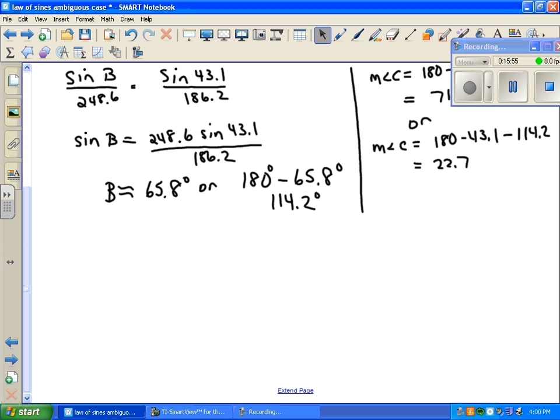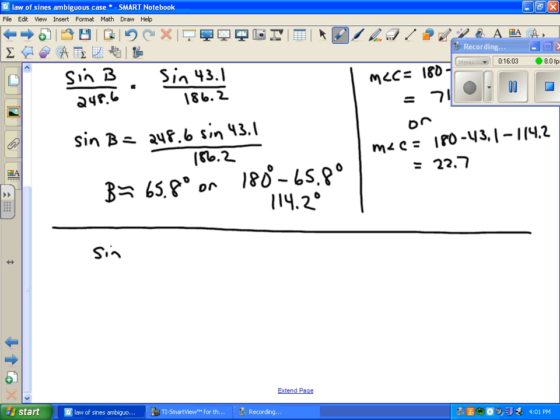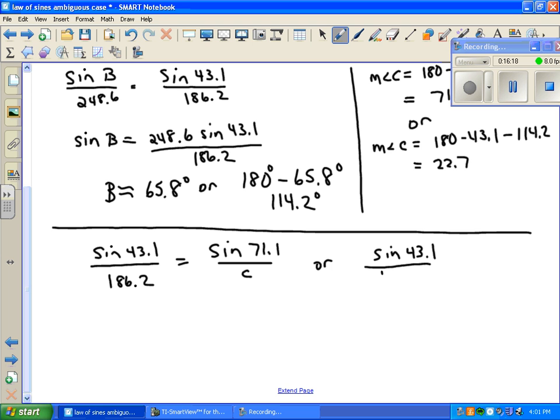Okay, now I would definitely recommend using the original given information for A. The sine of 43.1 divided by 186.2 equals the sine of 71.1 over C, or the sine of 43.1 divided by 186.2 equals the sine of 22.7 over C. So the only thing that I've changed in this problem are my two possible cases for the measure of angle C.